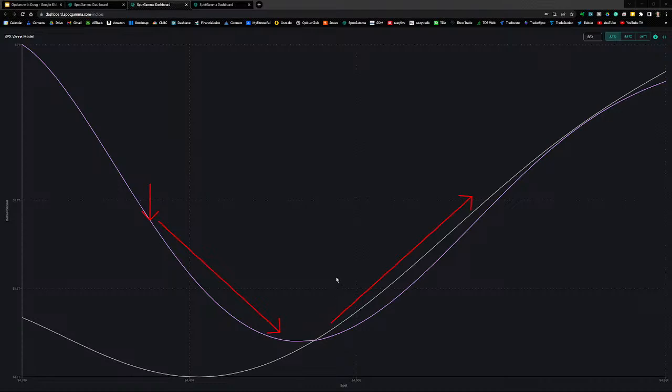But with SPX trading here, I'm looking for market makers to sell futures as price increases. So here on the negative portion of the gamma curve, they're increasing or enhancing volatility, and then on the positive portion of the gamma curve, they are subduing volatility.